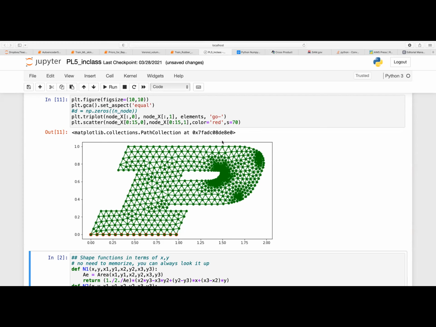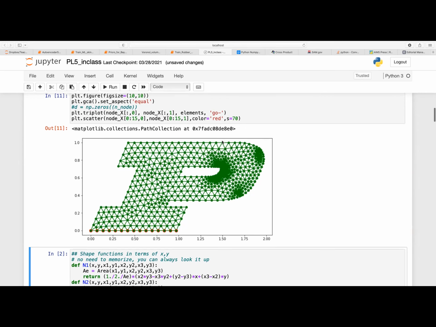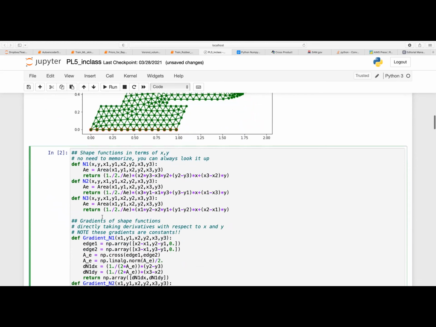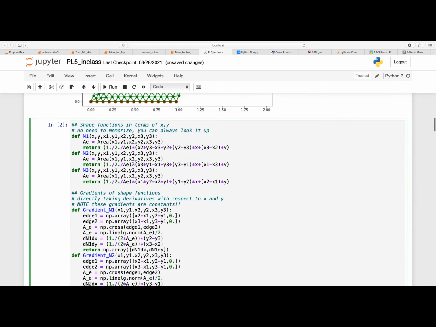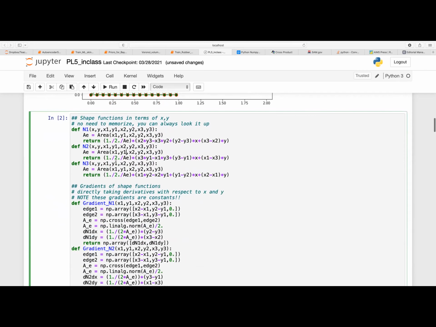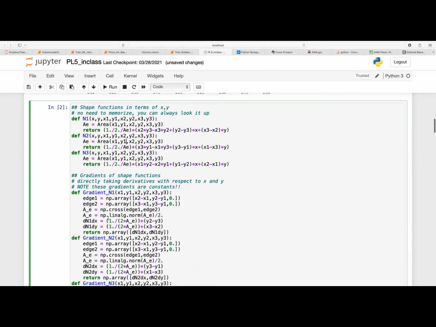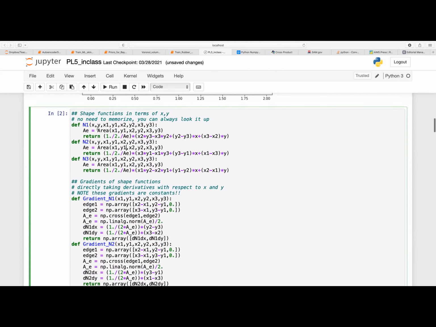So then you can just trust this. I have already coded the shape functions and the gradients of the shape functions, so you don't have to worry about that. The shape functions take x and y, and then the gradients do not take xy because they are constant.